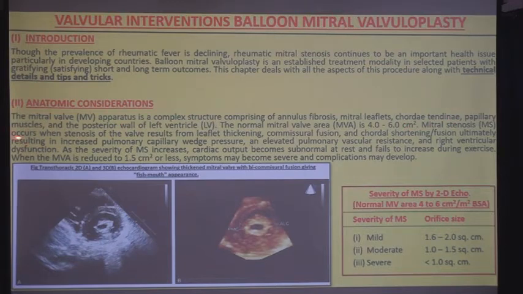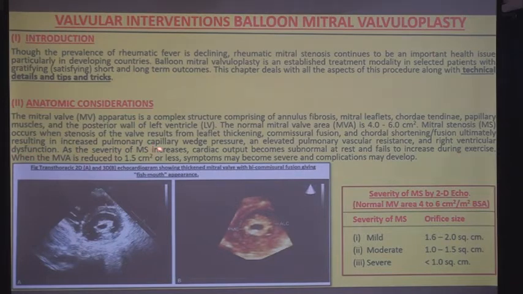Mitral stenosis occurs when stenosis of the valve results from leaflet thickening, commissural fusion, and chordal shortening or fusion, ultimately resulting in increased pulmonary capillary wedge pressure, that is, an elevated pulmonary vascular resistance and right ventricular dysfunction.